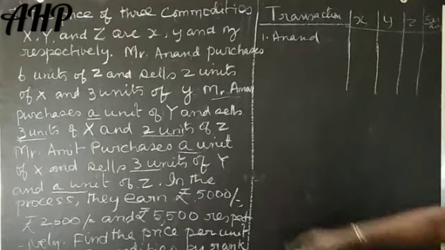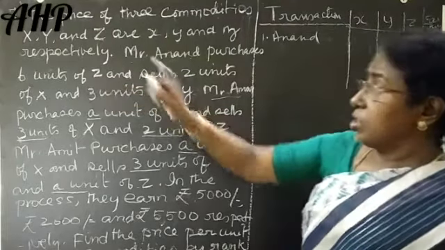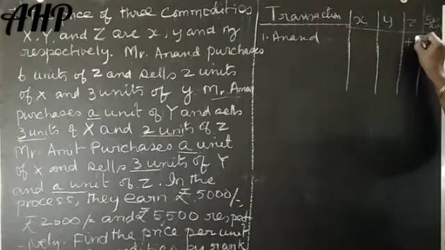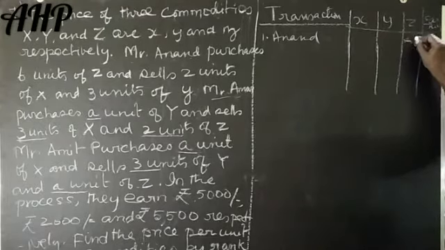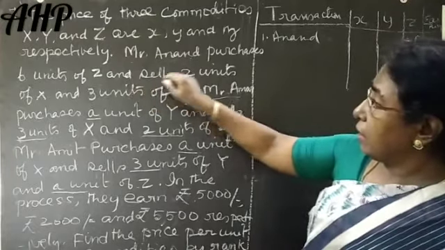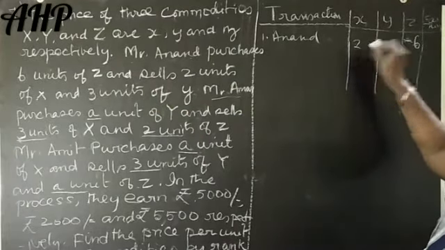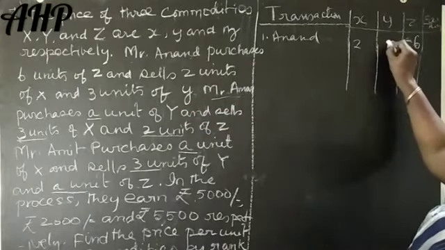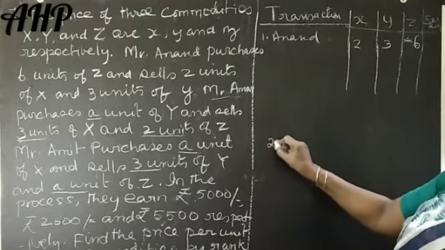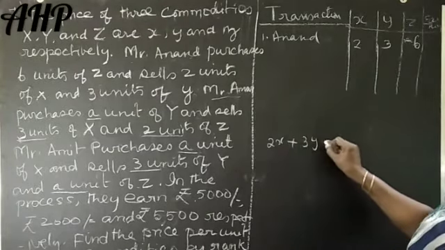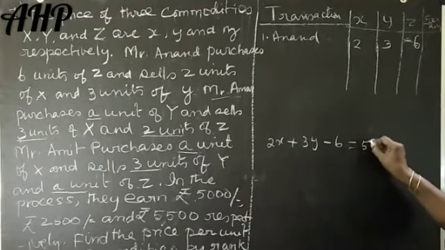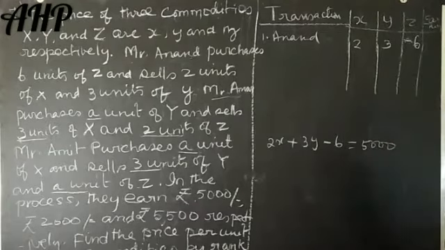This Anand is purchasing 6 units of Z. Purchasing, he is going to shell out money. So minus 6. And he is selling 2 units of X. So this is positive 2 units. And 3 units of Y. So the first equation we get is 2X plus 3Y minus 6Z, and he is earning 5,000 rupees. So this is equal to 5,000. This is our first equation.